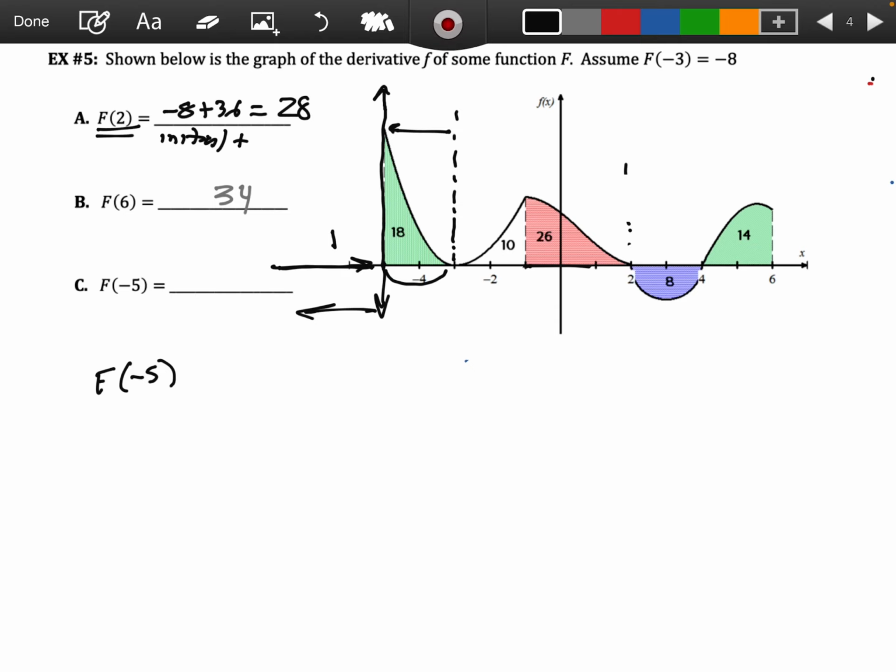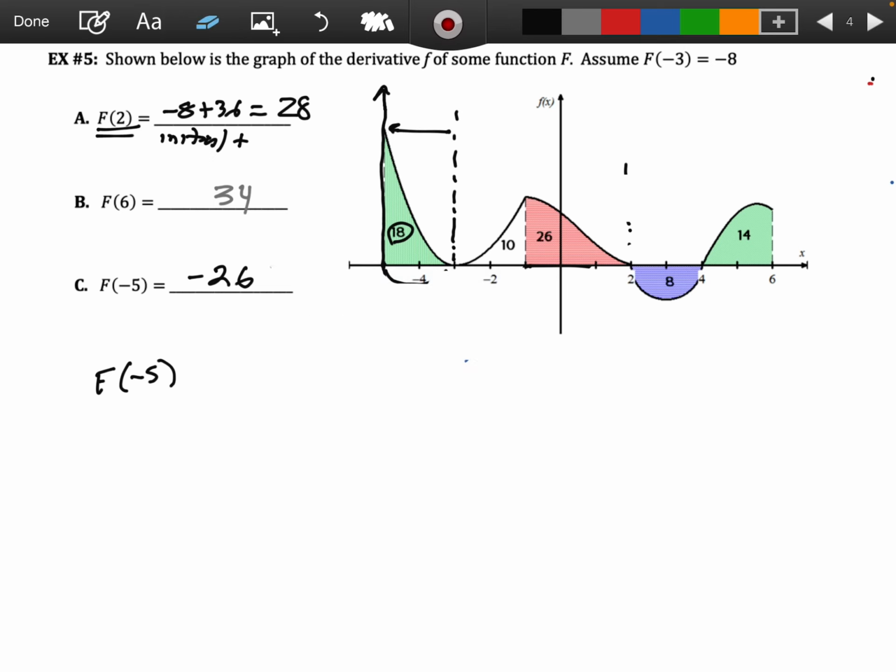It's going to be the initial value minus the area to the left. So if we consider that, all of this area plus this is going to be -8. In this case, you just end up subtracting the 18, and our area is going to be -26.